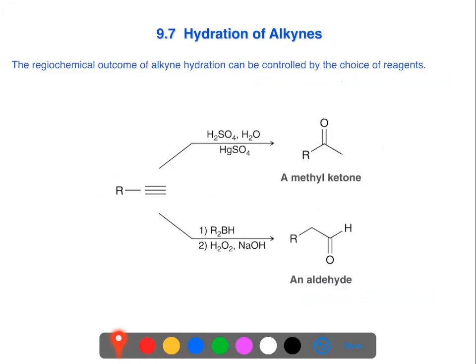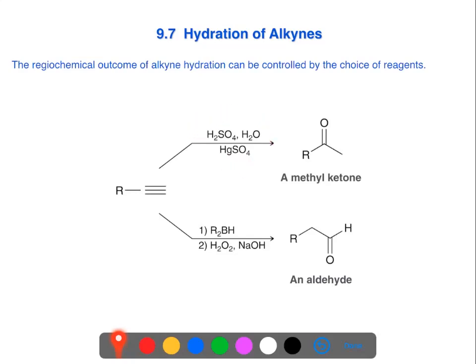So in this section, we've seen two hydration reactions for alkynes. And they're regioselective in the sense that we can determine where we want the placement of that carbonyl in our original alkyne. So if we wish to form a ketone, which in effect is placing a carbonyl at this position of our carbon backbone, we would use mercuric sulfate under acidic conditions.